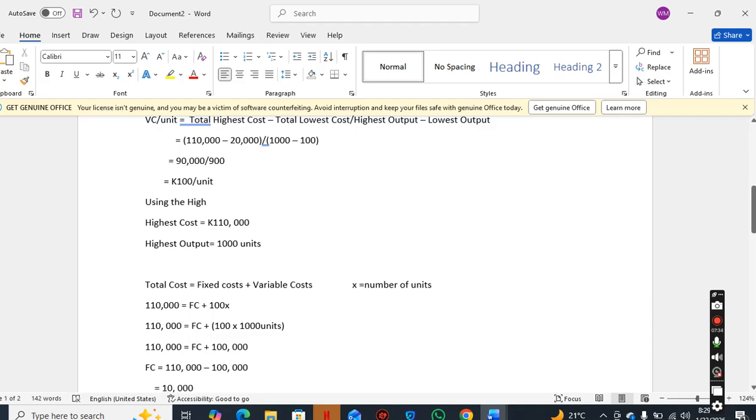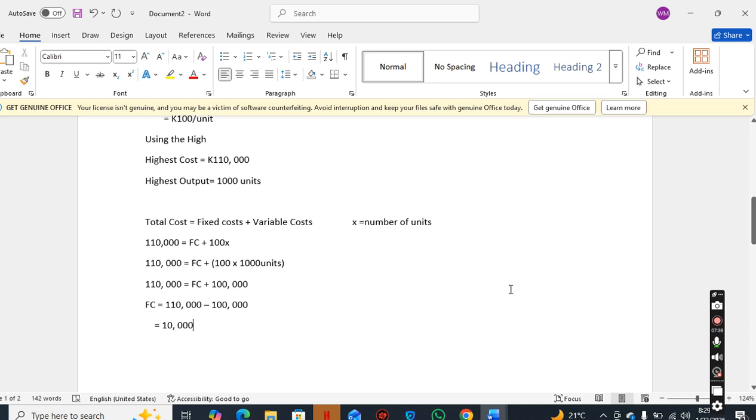So this is our fixed cost, 10,000 kwacha. Now we can form our cost equation. Our cost equation, TC equals our fixed cost, 10,000, plus our variable cost, 100 kwacha per unit.